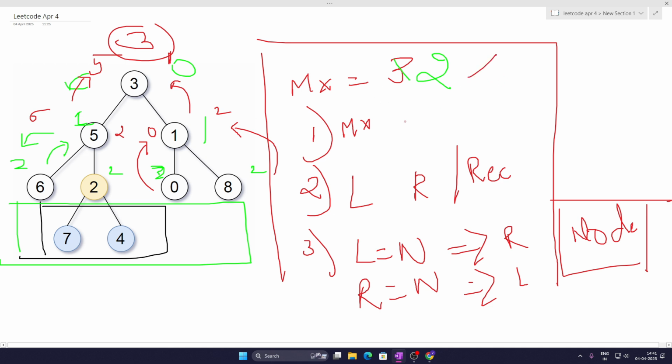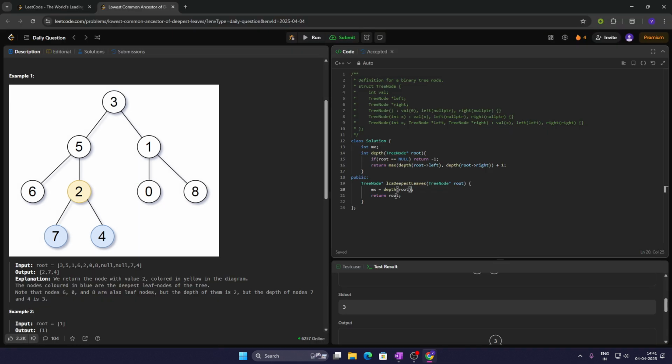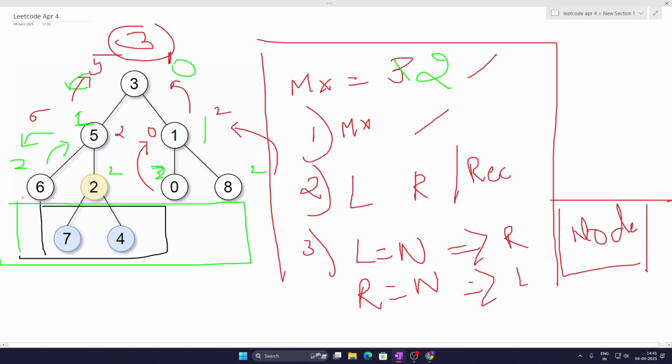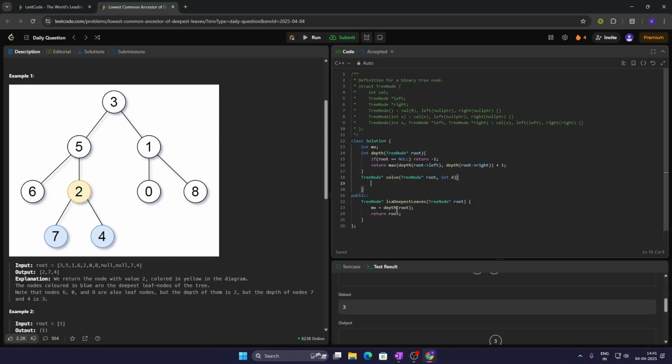Here I completed this one. So this one is completed. This one also completed. And I have to check for the left value. So what is the base case here? Like here the base case: if the current exploring node is null, then we will return null.